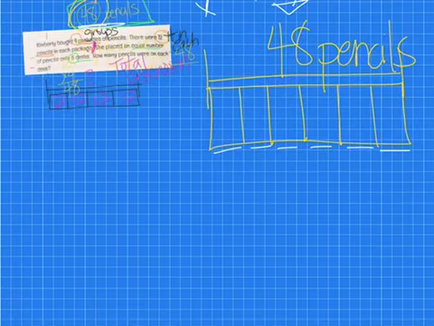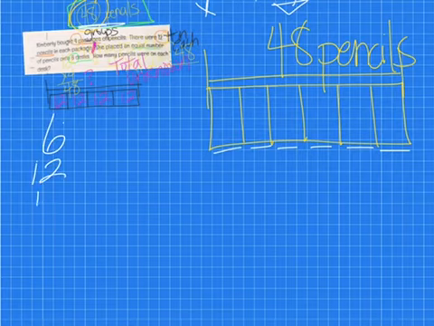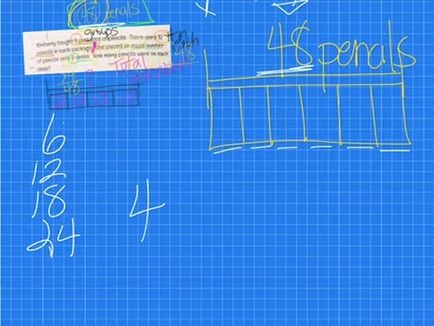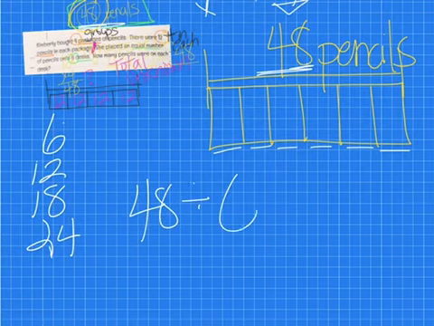So now I have 2 ways to solve. I can count by 6s until I get to the 48 pencils, or I could divide the total that I have, the 48, divided by the 6 desks.